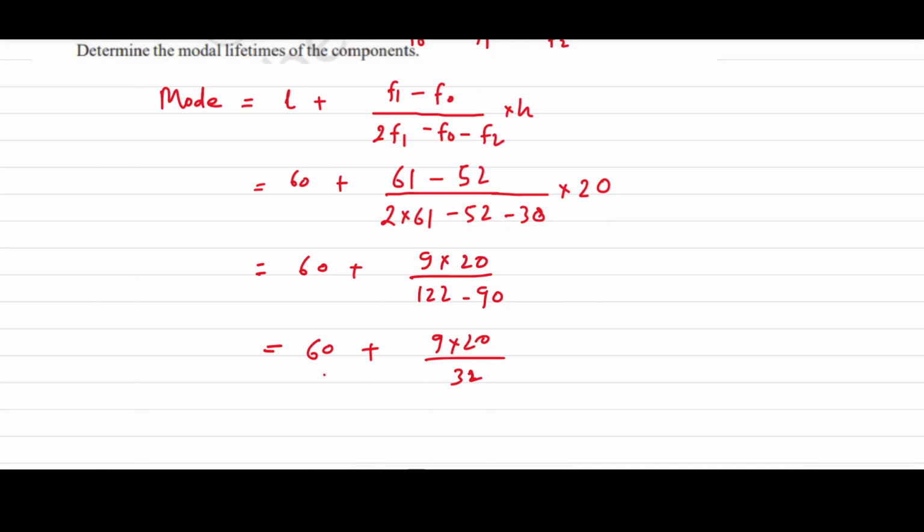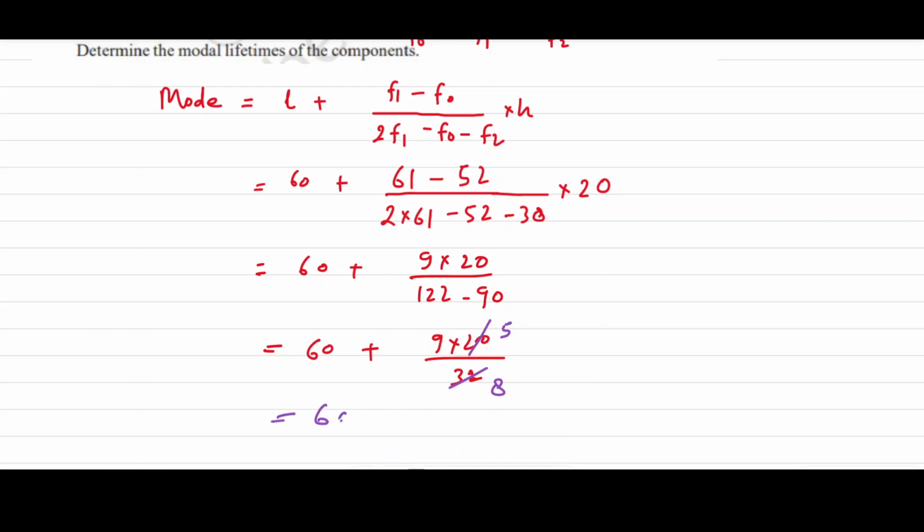Now cancel out. 4 fives are 20 and 4 eights are 32.